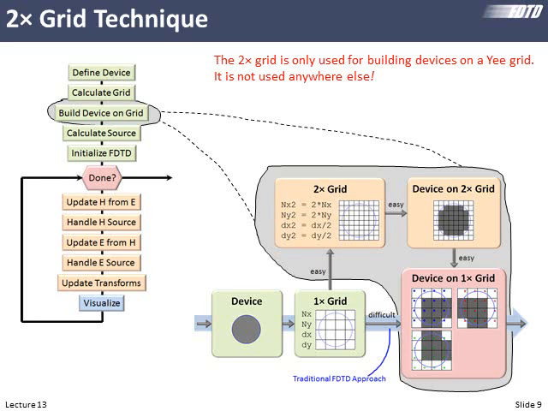Then we went on and talked about this thing called a 2x grid technique. And we're really tasked with somehow assigning the permittivity and permeability values across our three-dimensional, two-dimensional, or one-dimensional grid. But we know that our field components are staggered, and we assign certain permittivity values to be at the points of the electric fields and permeability values to be at their corresponding magnetic fields.